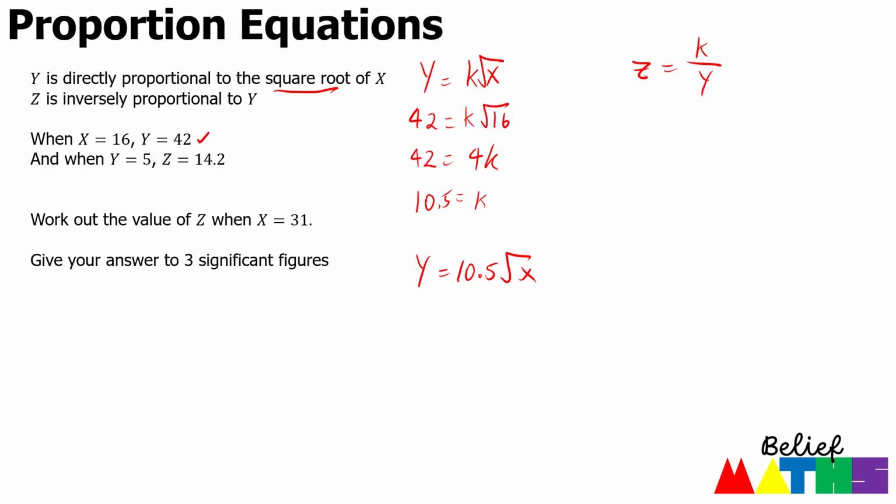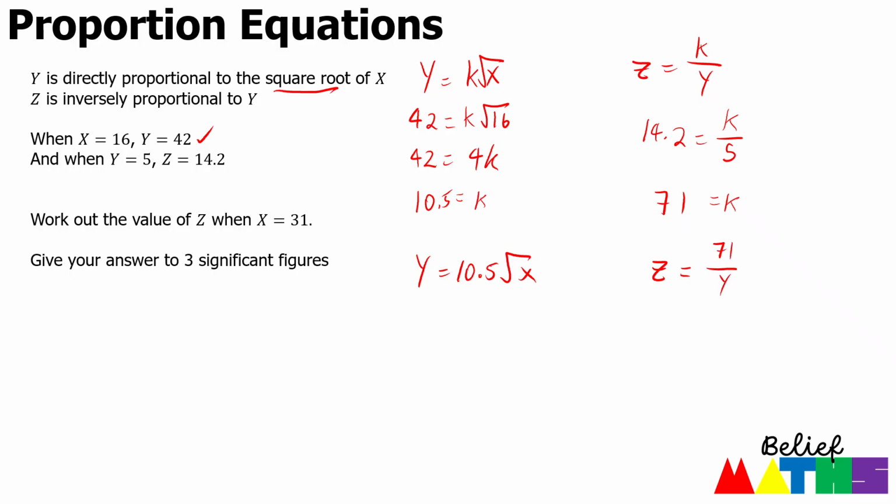That's these two done. Now using the next two, z is 14.2 and k divided by 5. To get k, we just multiply across by 5, and 14.2 times 5 gives us a nice answer of 71. So k is 71, and therefore this formula is z is equal to 71 over y.